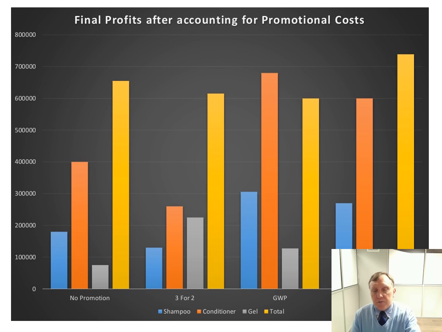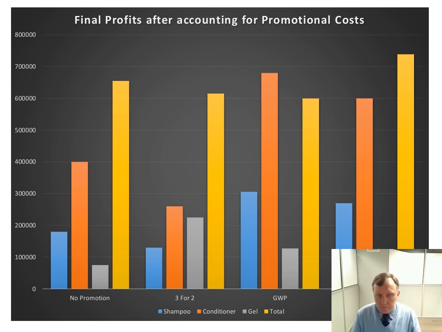But if we now go for the 3 for 2, we can see where the main differences are, where we've made more on the gel, and certainly a lot less on the conditioner, but let's just stick with the total to make life easier. It's now down to about 610,000. So literally a large chunk of money, 610 from say 650, so £40,000 less.